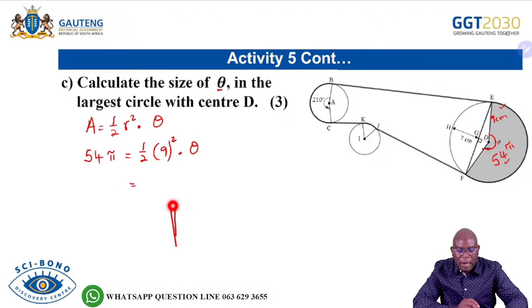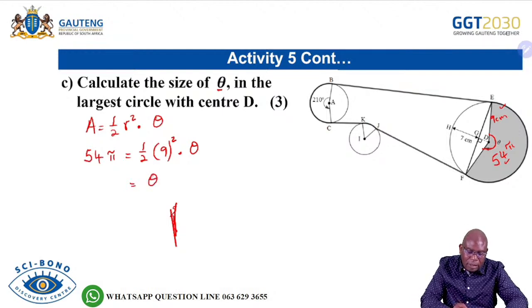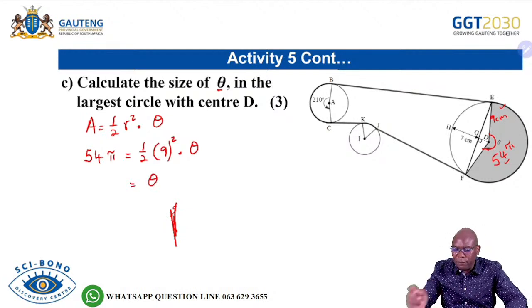So now, how am I going to get the angle here? The angle that I'm going to get will be theta equals 54 pi divided by 0.5 multiplied by 9 squared. Okay, so the value that I'm going to get there is 4/3 pi.